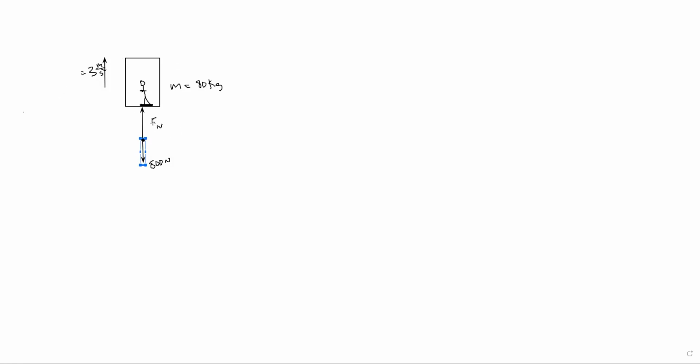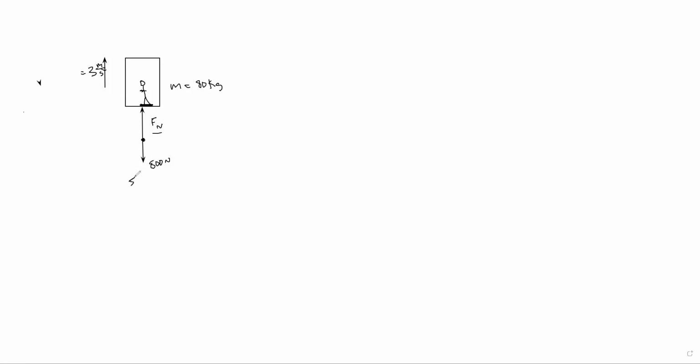Okay, so I've got this person on the elevator. The normal force is what the scale reads, which shows your apparent weight. So you can see that the scale, according to this force diagram, will read more than 800 newtons.